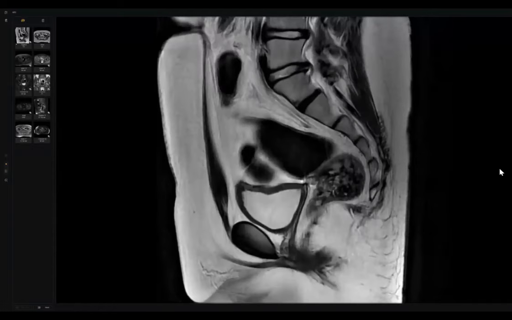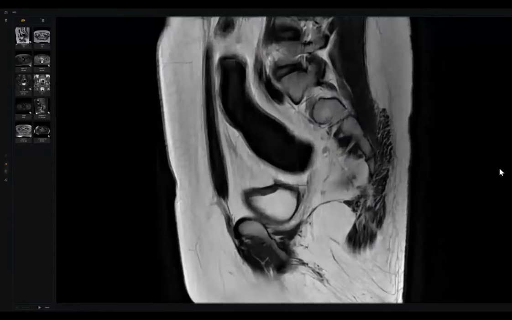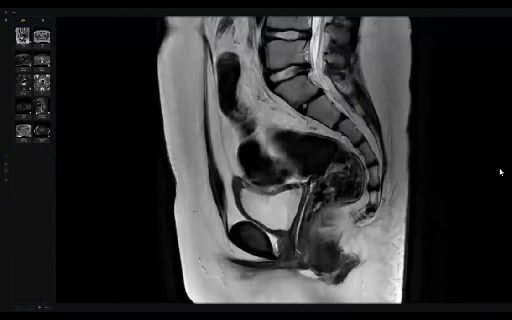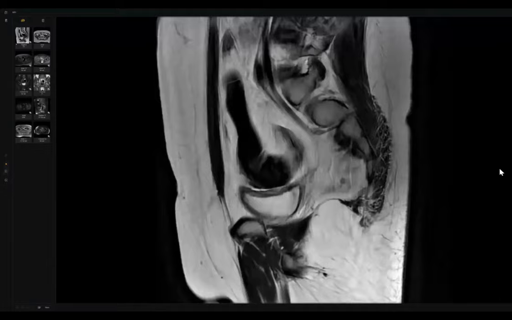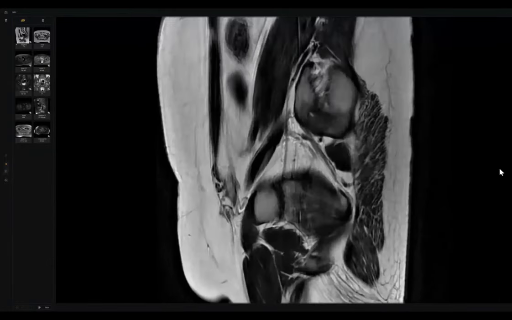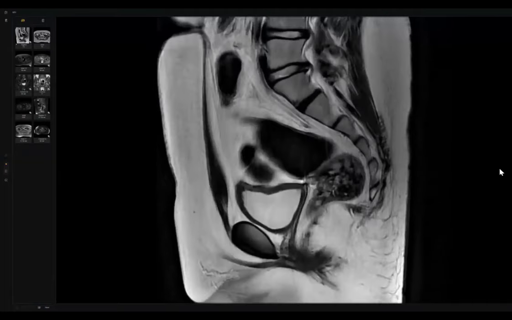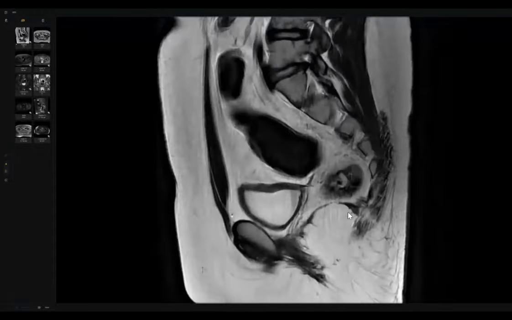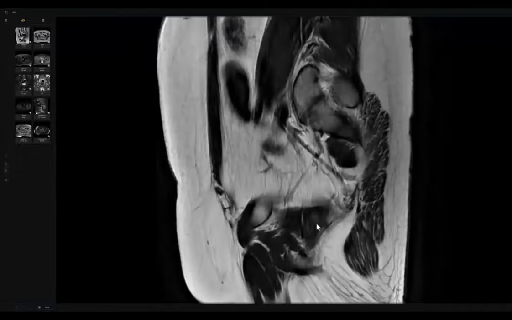Presented with sagittal T1 MRI of the pelvis of a female patient with amenorrhea. I can see the vagina, but I couldn't see well the uterine cavity. The uterus itself, I couldn't see. Only the vagina.